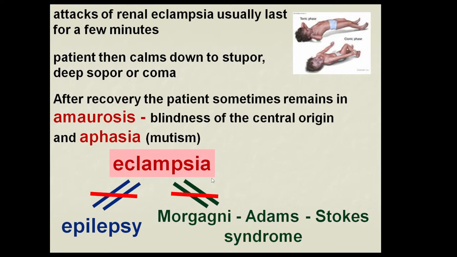In eclampsia, there is high blood pressure, because progressive hypertension is a provoking factor of increased intracranial pressure.